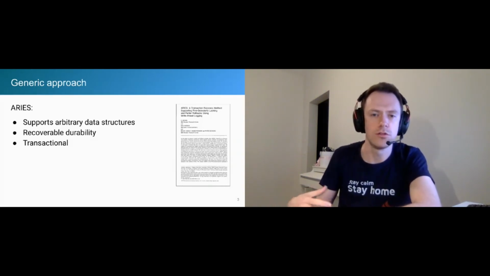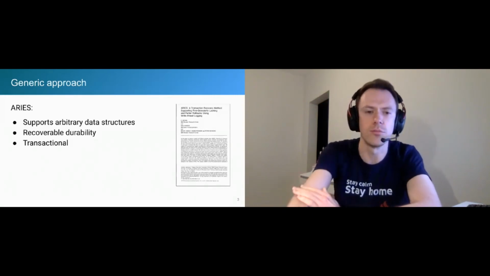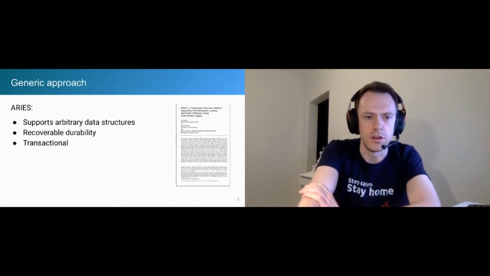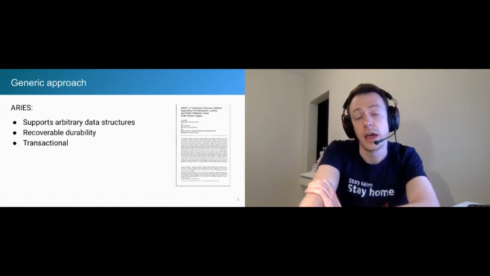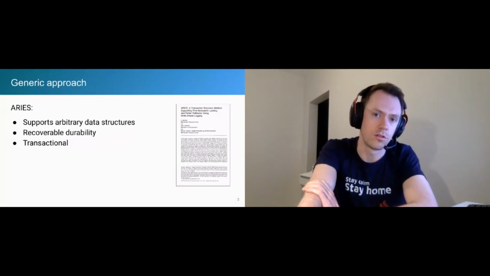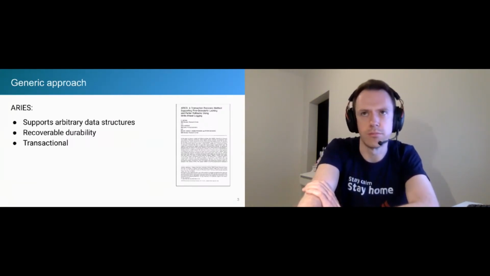In other words, we were able to implement the data storage itself, the SQL indexes, and all auxiliary data structures required for internal bookkeeping. The ARIES architecture supports recoverable durability, which allows us to store data on disk. And it also supports transactions, because transactions were in Ignite from the early stages that I can remember.